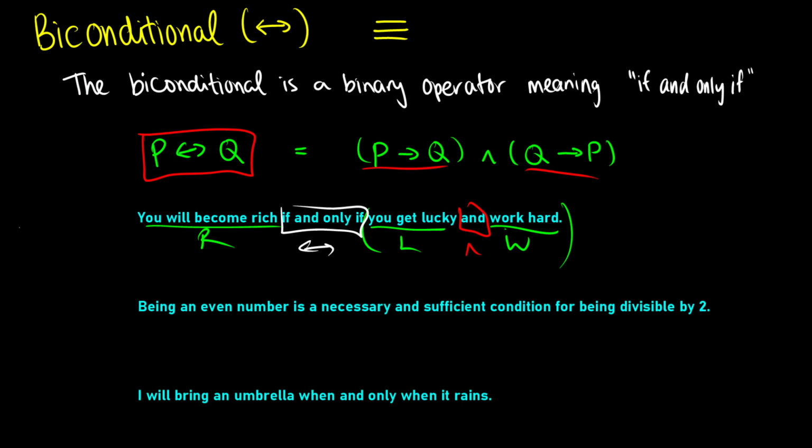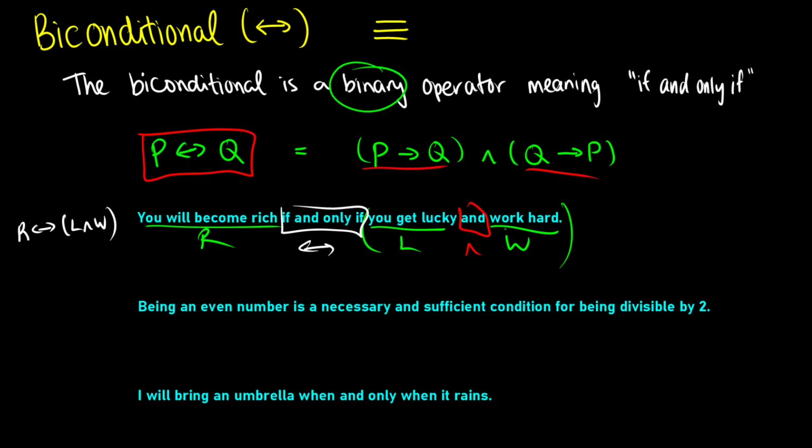So we can translate this overall as R if and only if, L and W. So you'll become rich if and only if you get lucky and work hard. So you get lucky and work hard is in brackets because both of those things have to happen on one side. Remember, a biconditional, like the conditional, like the conjunction, is a binary operator.